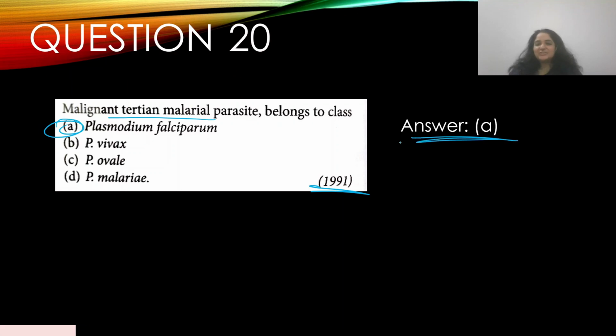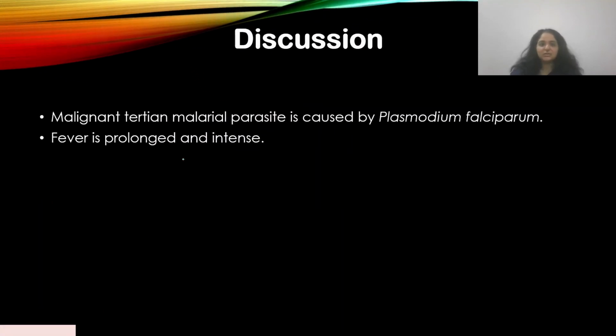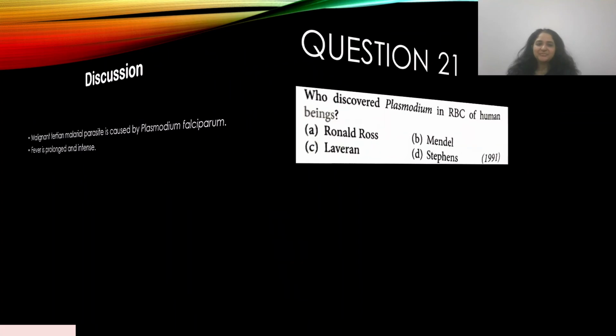So the answer is A. It's caused by Plasmodium falciparum, and the fever is prolonged and intense. Clear? Again, a factual based question. Like I said, if you know the facts, this is all very easy to answer. Let's move on.